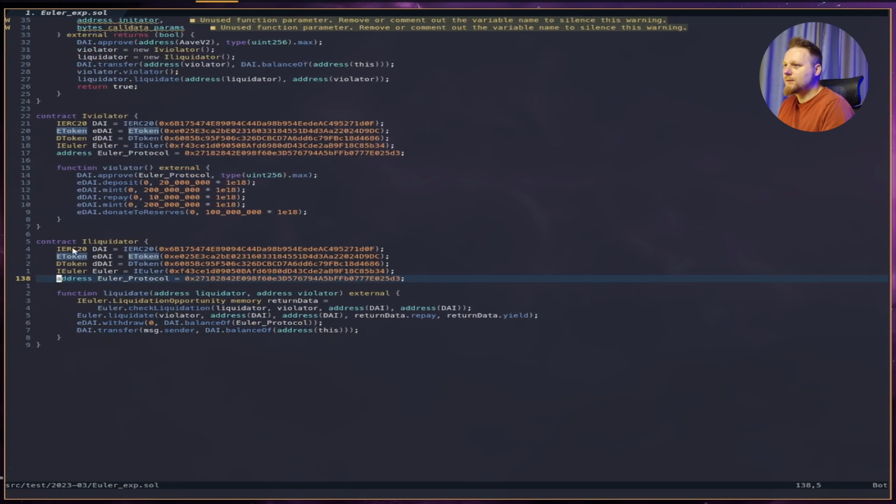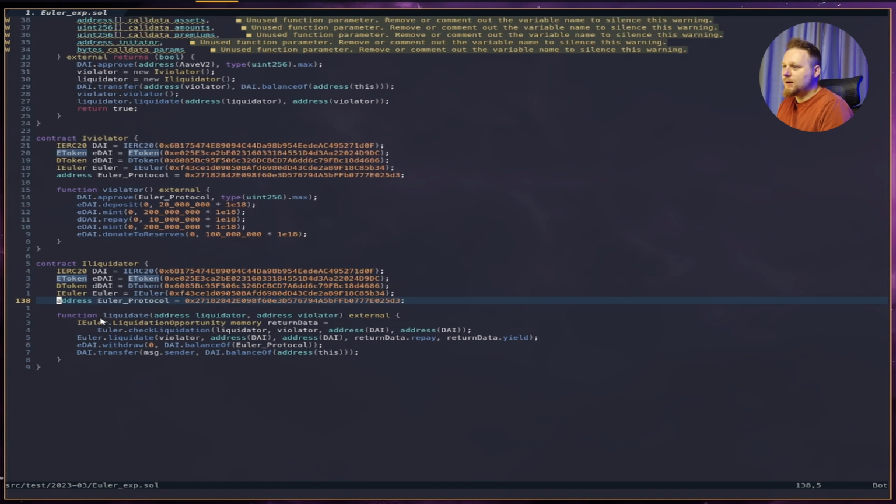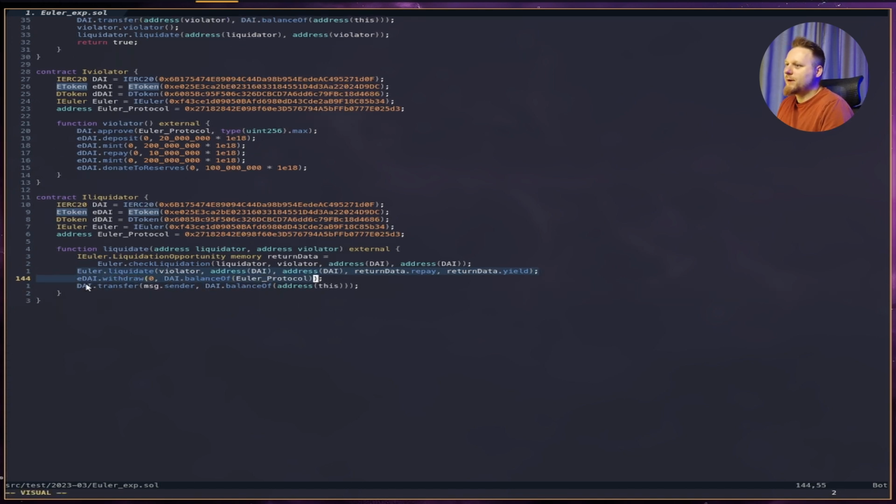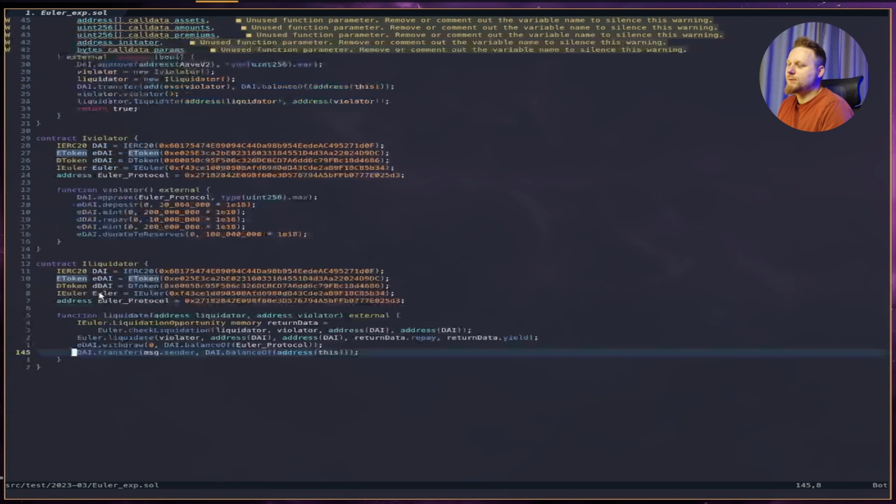So the liquidator calls liquidate. They have return data that they get back from Euler, and they can liquidate this account because of course it is underwater. They can just withdraw everything and transfer everything to the sender.